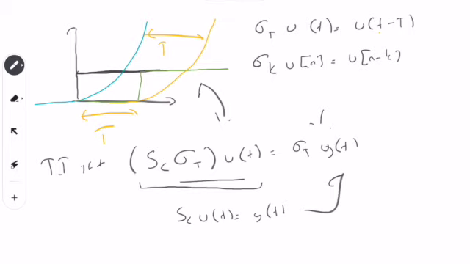I technically change the order of the operations. The order of the systems should be commutative. If you swap the shifting operator and the system, you should always observe the same output for your system to be time invariant. This property and definition is the same for discrete time and continuous time.